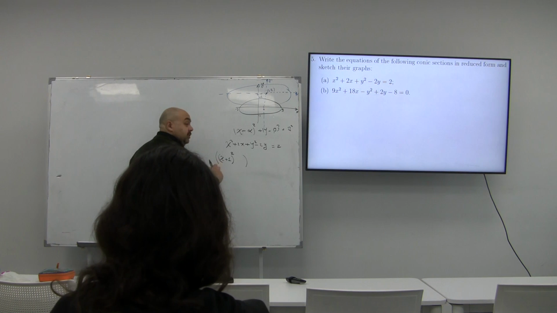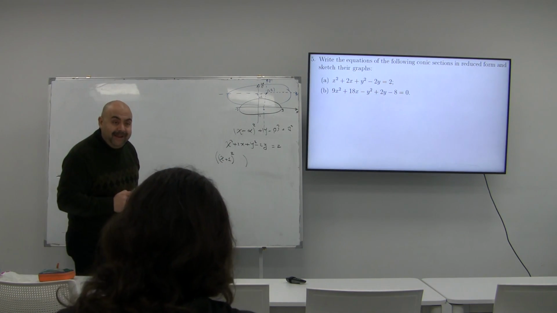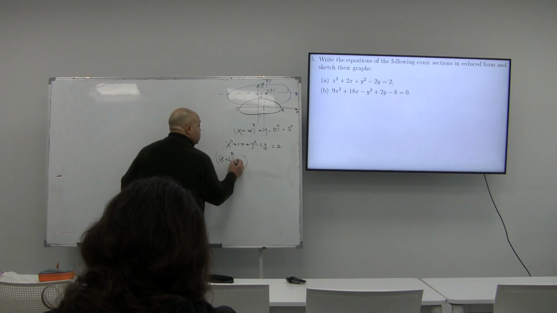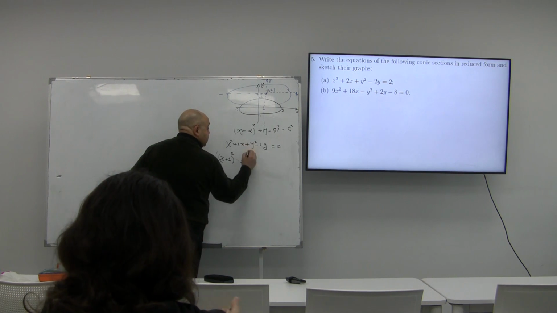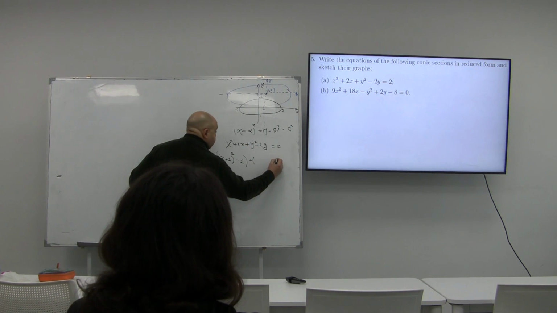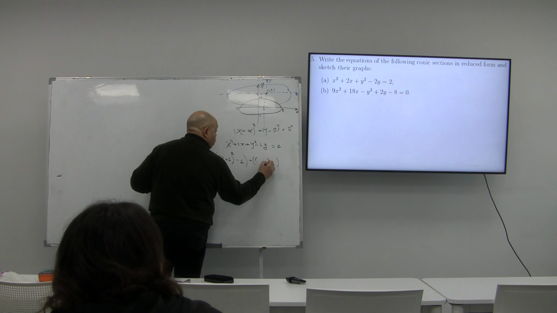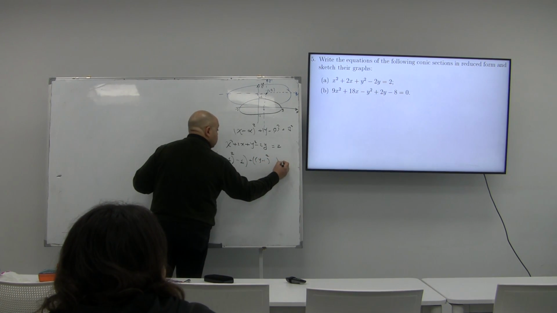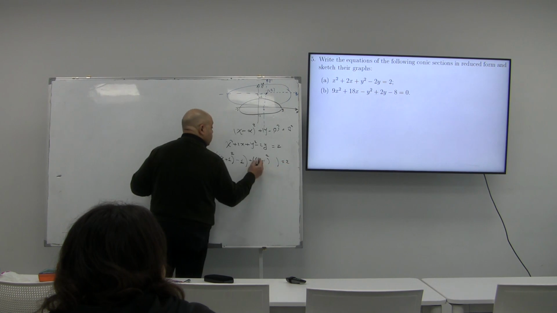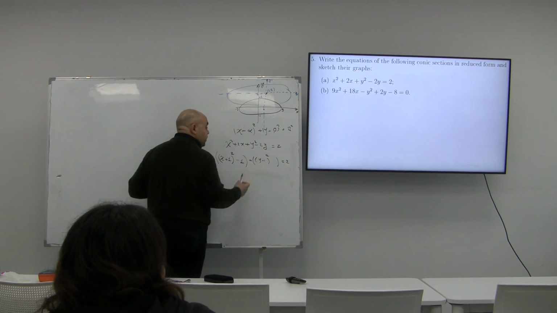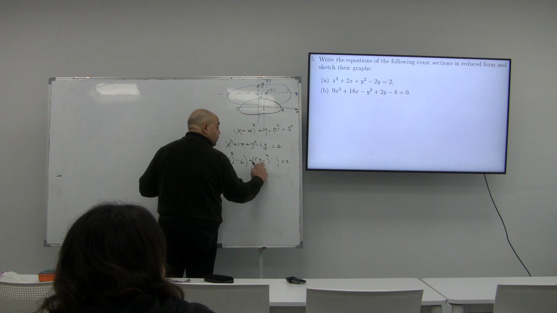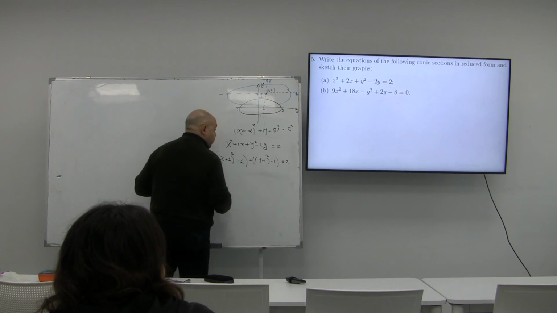The last is positive 1, so I will subtract 1. Same for the second one. It's going to be (y minus 1) to the power of 2, and all of this is equal to positive 2. So the first y squared, first, second, times 2 is negative 2y. The last number is positive 1, so I will insert also negative 1.